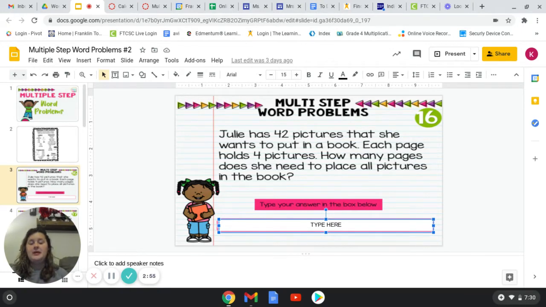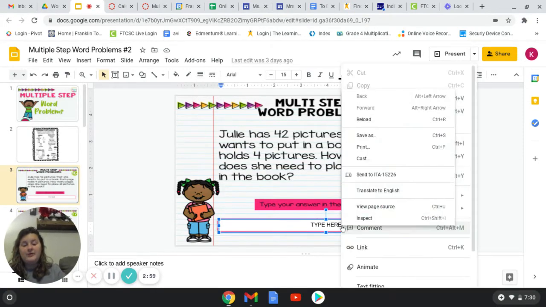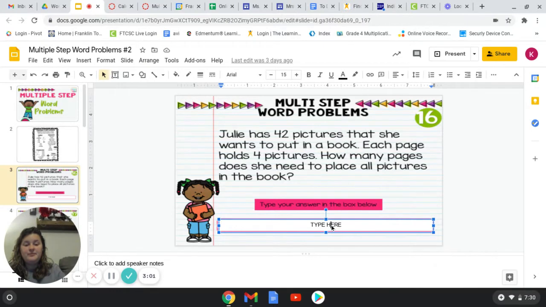I'm going to get rid of this type here, because we know we're going to type right there. So I'm going to start with 42 because I know that's how many pictures she has. And then I'm going to look for my clue words. And I see that clue word each.